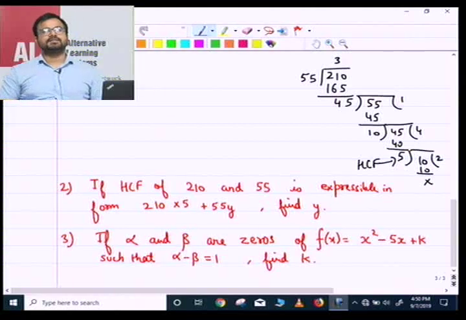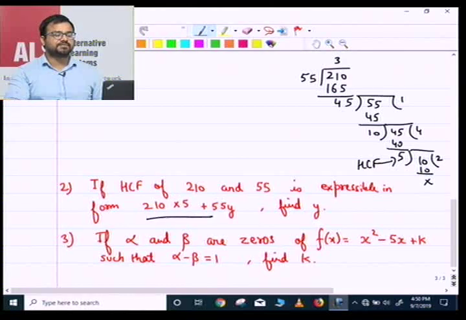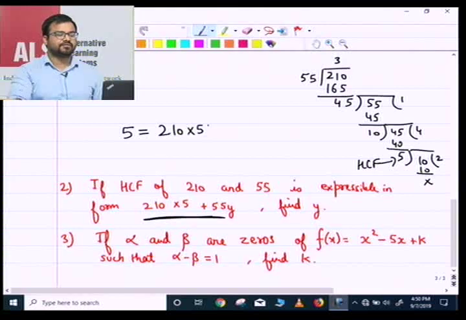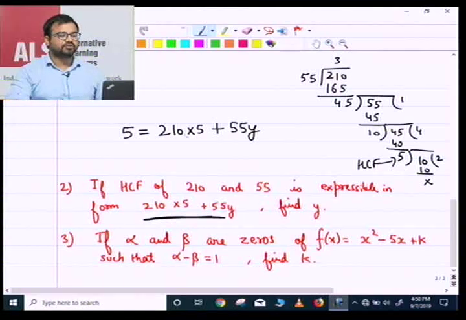So you can see 5 is the HCF. Now most of the question is given, 5 is the HCF and it is written HCF is expressible in this form. So it means you can say 5 is equal to 210 into 5 plus 55y. So it's just a linear equation in one variable. Solve it for y. So 210 into 5, that will be 1050 plus 55y.